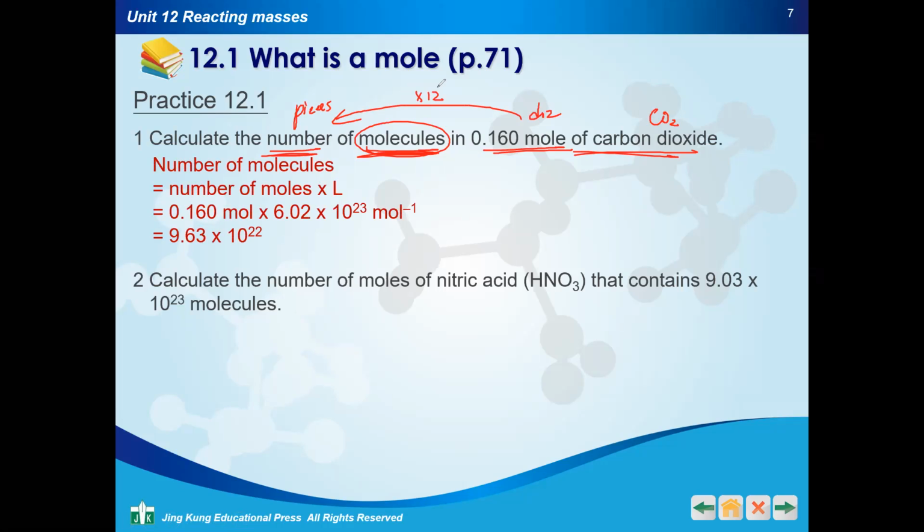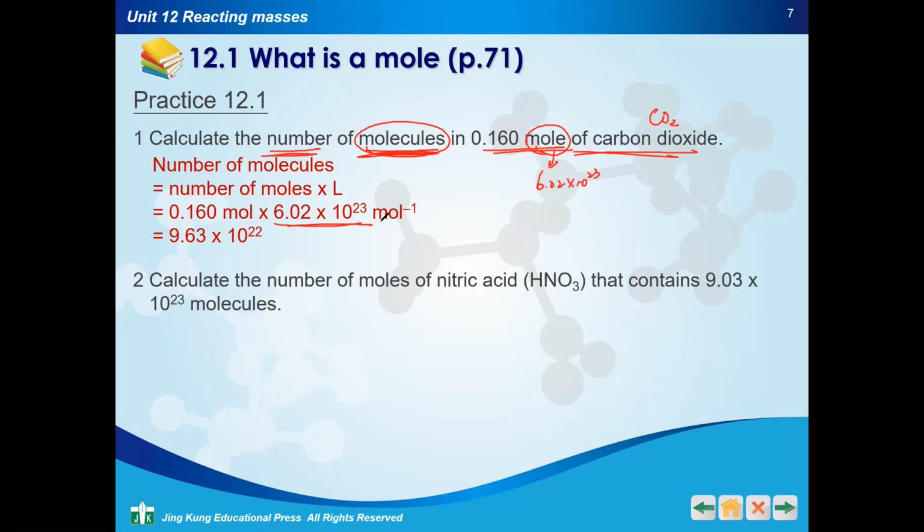You use a similar concept in mole. If I say 1 mole, it means 6.02 times 10 to the power 23. So you use the same concept and you will arrive at the answer. You may find that we times it to represent mole, a very large number.